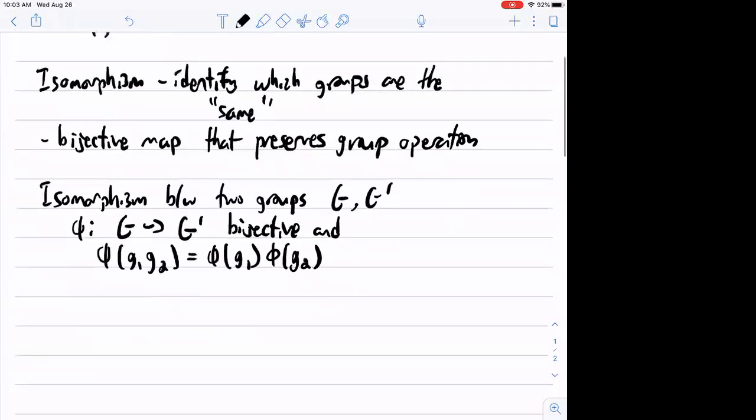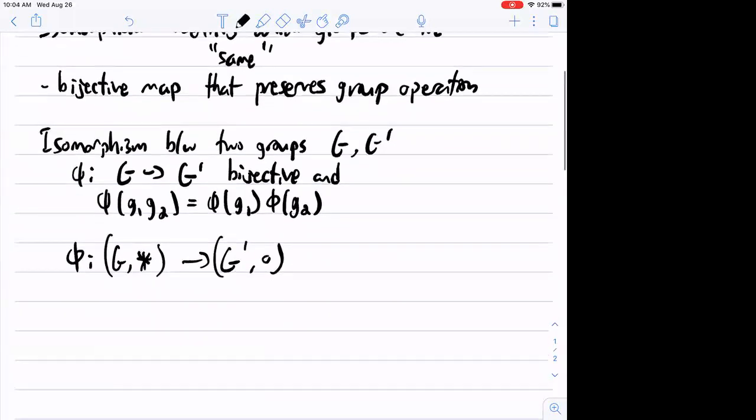Let's be careful here. I'm skipping something, but let me write it. If the operation in G is star and the operation in G prime is circle, then phi of G1 star G2 makes sense because G1, G2 lie in the domain.